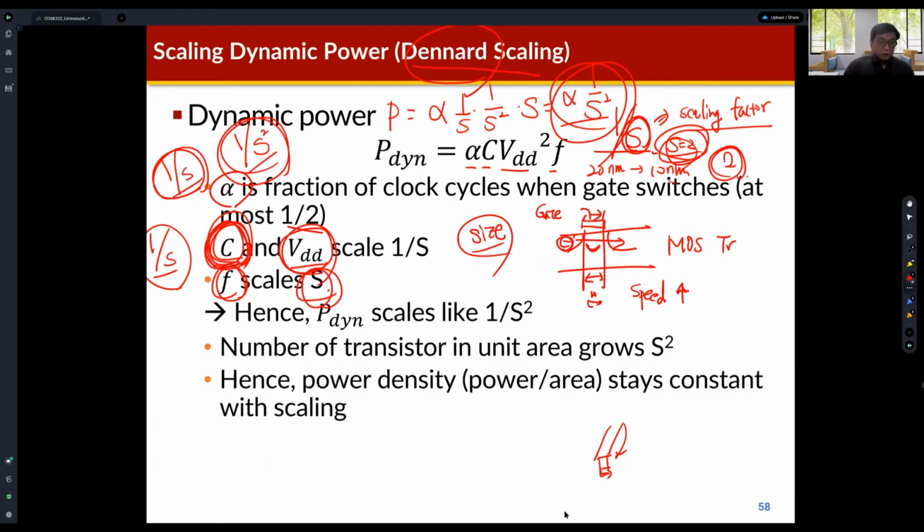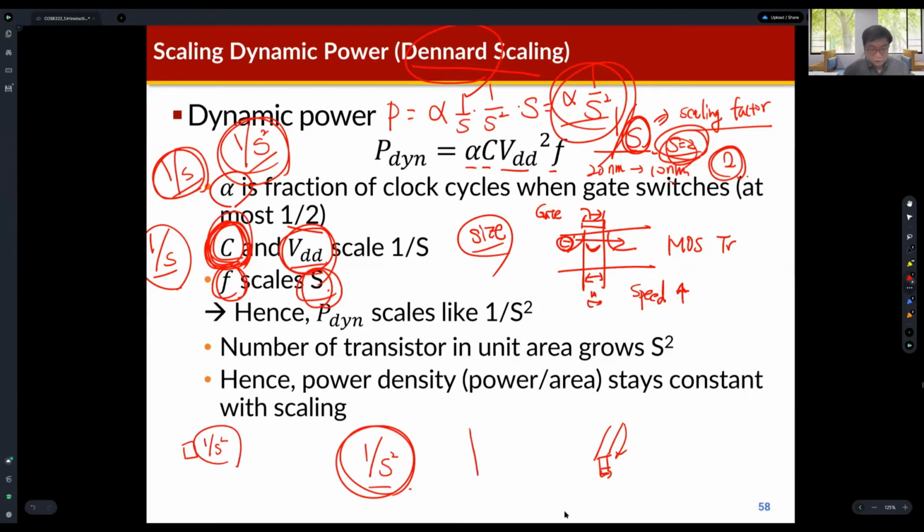With this scaling factor, that means the channel width is reduced by S, then we can reduce the dynamic power of a single transistor by 1 over S square. And then, the size of a transistor is reduced by 1 over S square. So that means in the unit area, we can include S square times as many transistors.